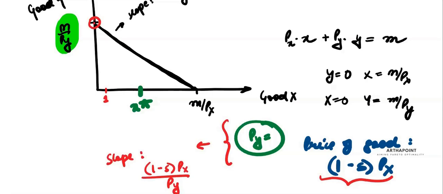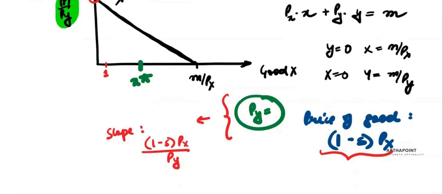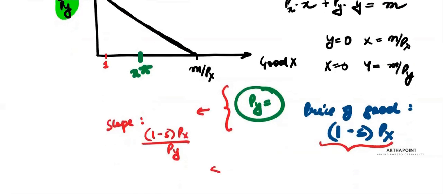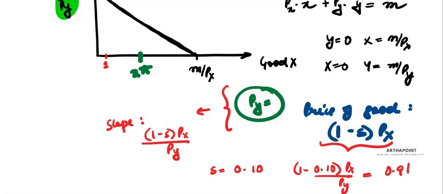So if you look at this budget line, suppose I give you any value. Suppose the subsidy is 10%. So you will get (1 minus 0.1) into PX by PY. So this will be 0.9 PX by PY instead of PX by PY. So the slope is lower, right?